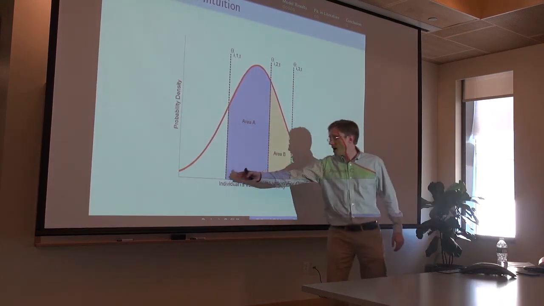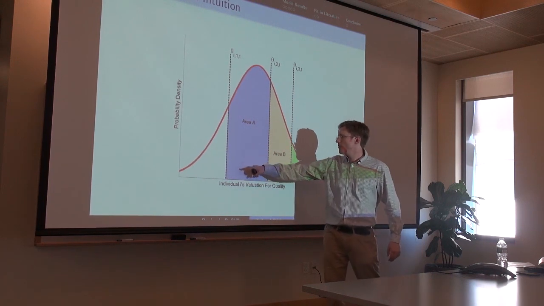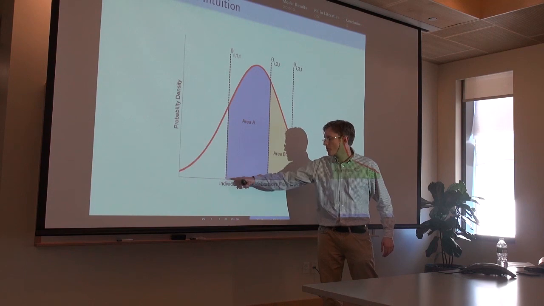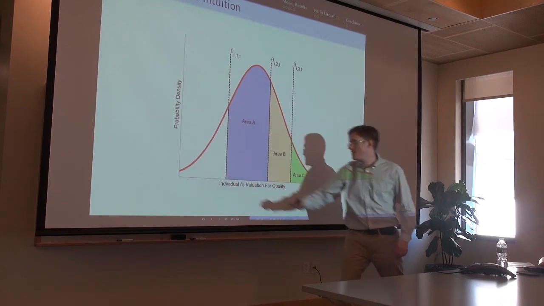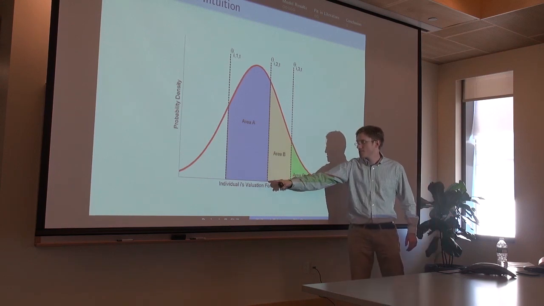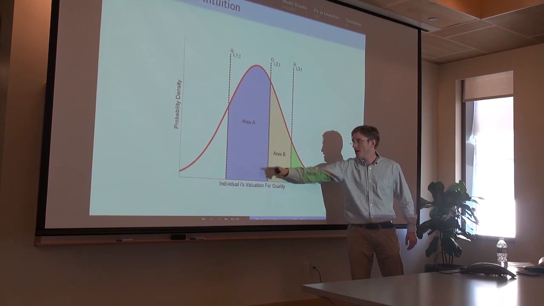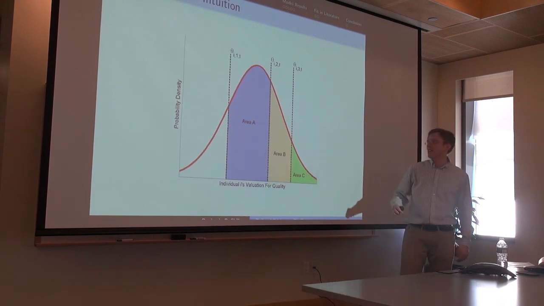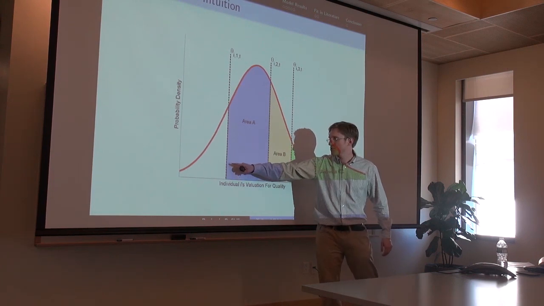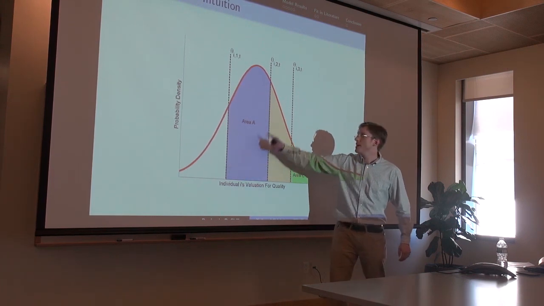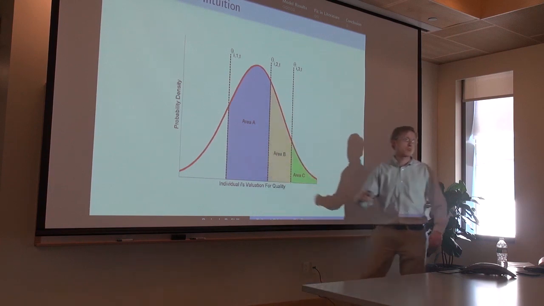If the error is high enough, if it exceeds this first threshold, the person will be willing to buy 1 DVD at a time as opposed to no DVDs at a time. If it exceeds a second threshold, they'll be willing to buy the 2 DVDs at a time plan as opposed to the 1 DVD at a time plan, and so on. The probability that a person subscribes to the 1 DVD at a time plan is just the area under the probability density function between these 2 thresholds.